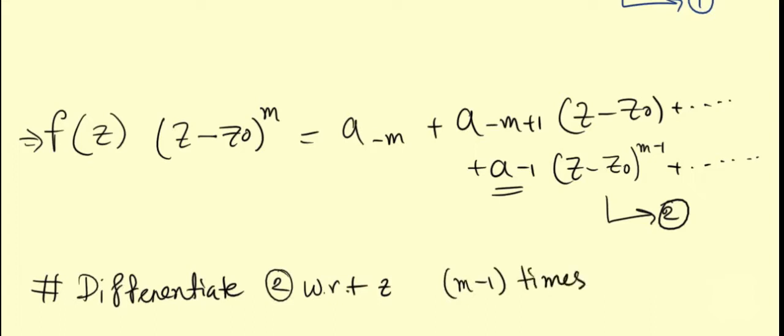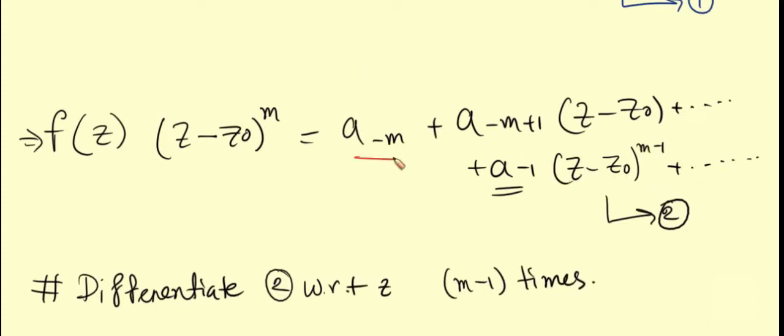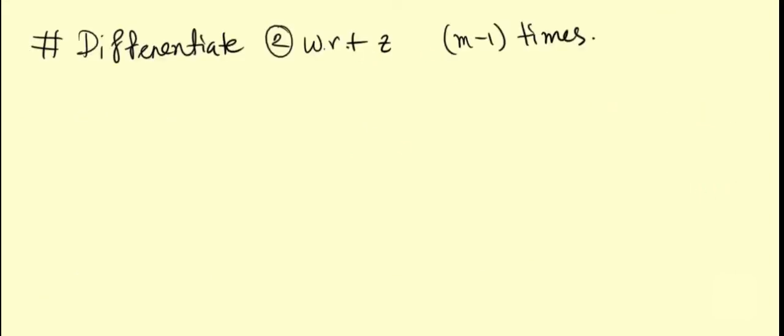Why m minus 1 times? Because if I do this differentiation m minus 1 times, all the terms on this side, this term, this term, and all these terms, will go away, and only this part will remain, and this analytical part will remain. So that's why I want to differentiate m minus 1 times.